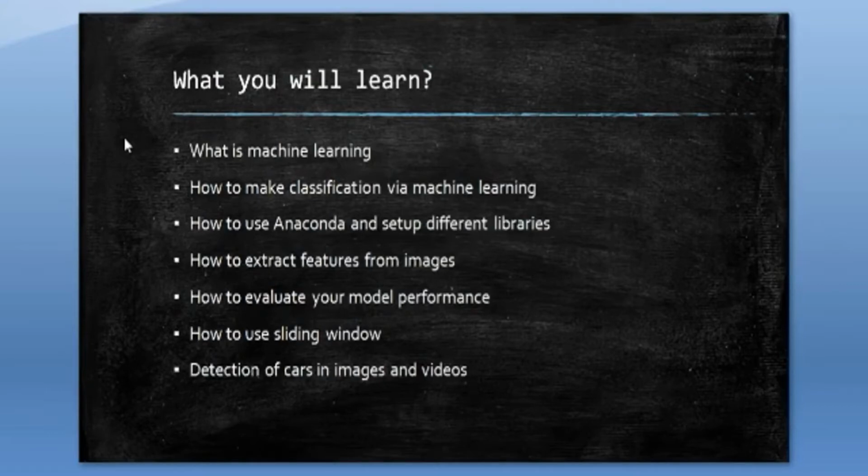Detection of cars in images and videos. It might seem that they are the same, but actually they are not. The main issue is that our model can work on images very well, but when I try to use it on videos, which are equivalent to the real-time world, the model can be very slow or doesn't work as well as I predicted.